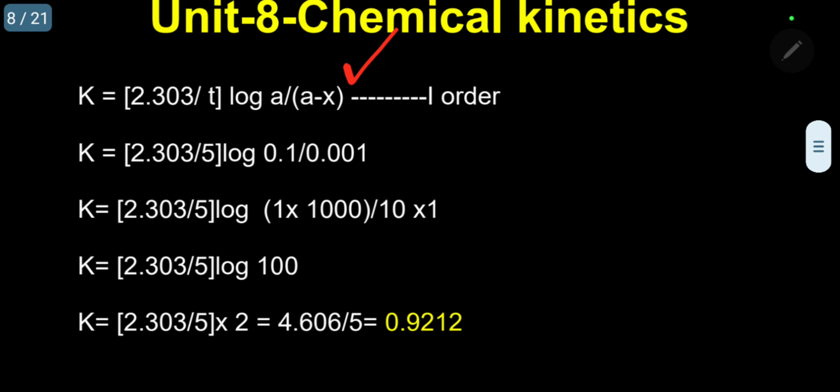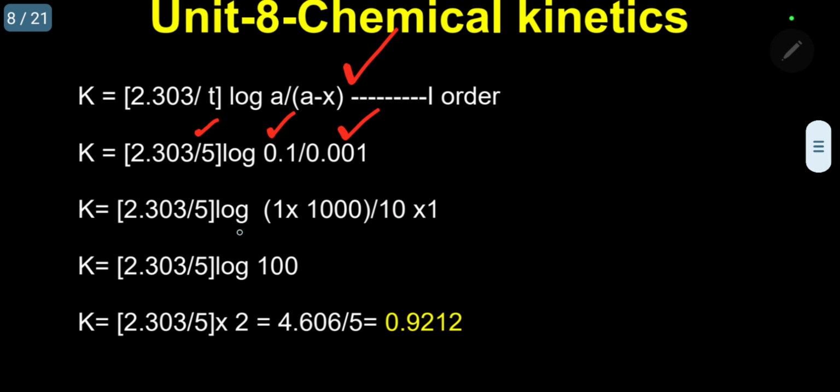Now, from the data given in the problem, I am substituting time as 5, initial concentration as 0.1, and final concentration as 0.001.